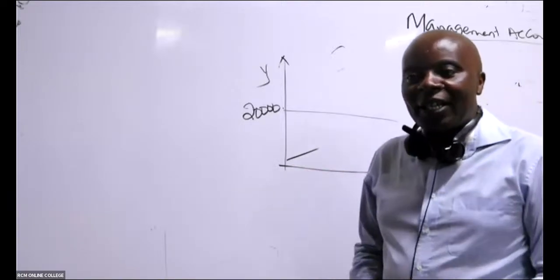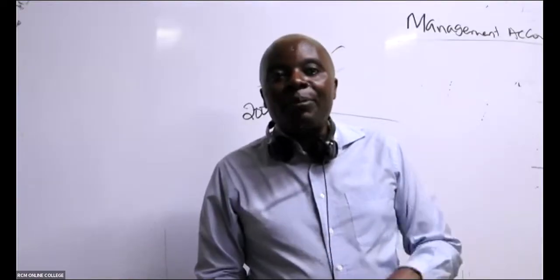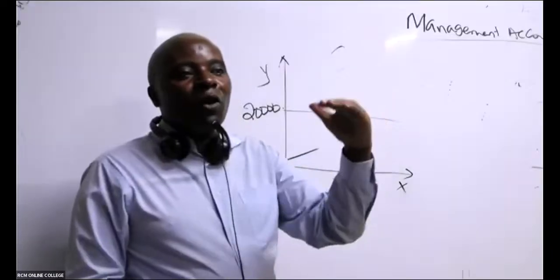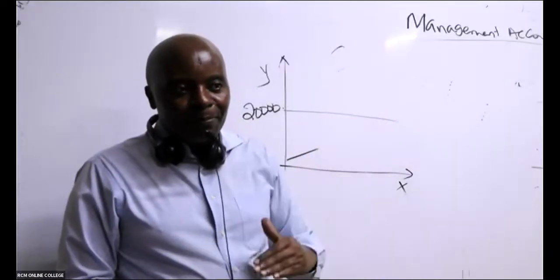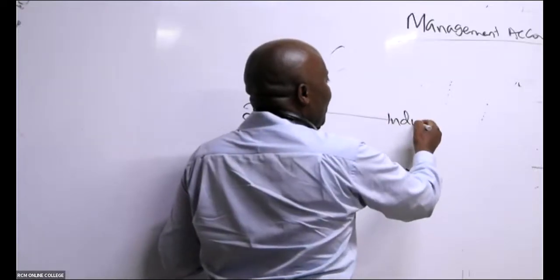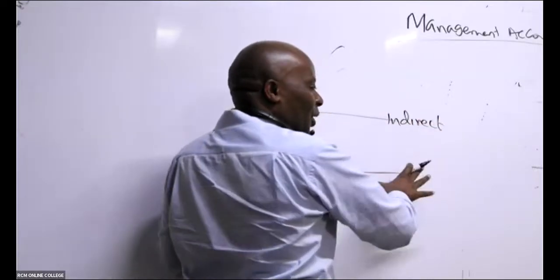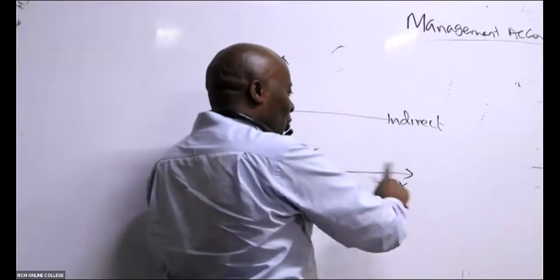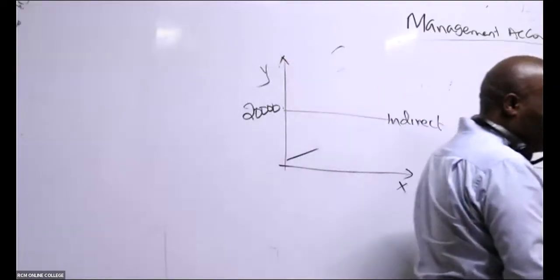Will he accept? No, because rent is periodical. It's payable on a monthly basis, regardless of our volume of activities. So this becomes what we call an indirect cost. Indirect costs do not have any association with the volume of production. You produce zero, you still pay it. You produce whatever, you still pay it.